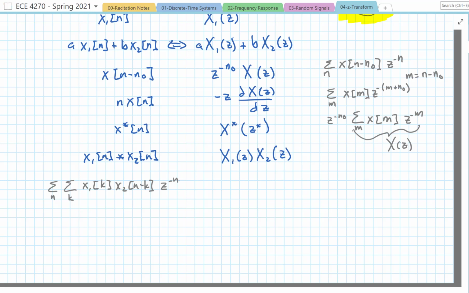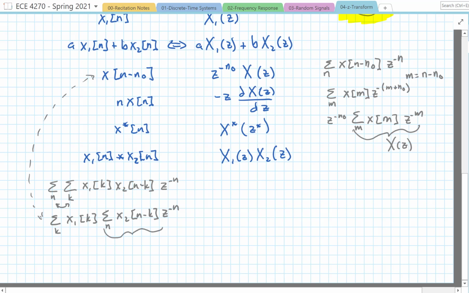Well, if we swap the order of summation, then we'll get the sum over k of x1 of k times the sum over n of x2 of n minus k z to the minus n. Well, that's the Z-transform of a delayed version of x2, and we know from right above what that would be.